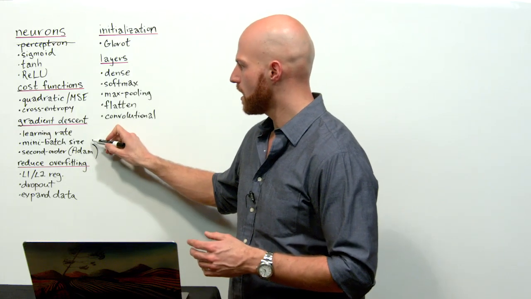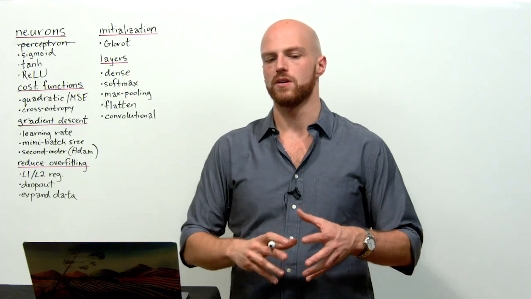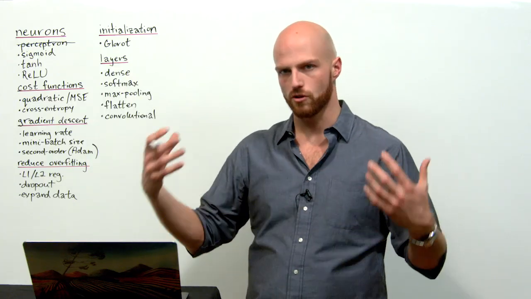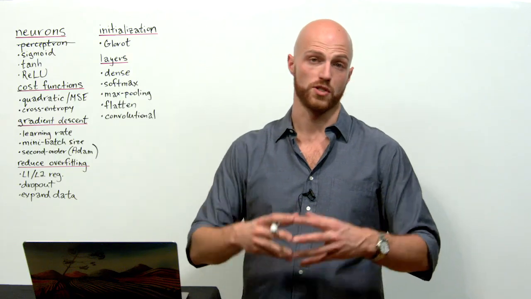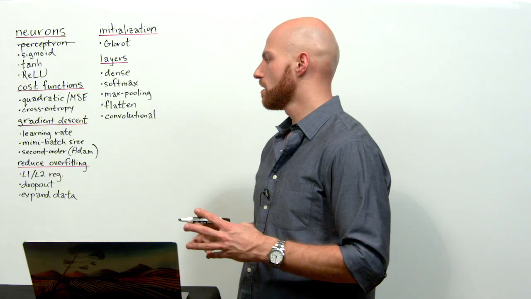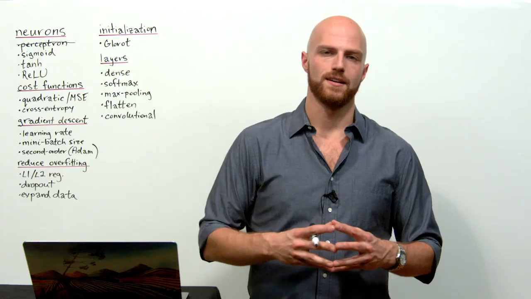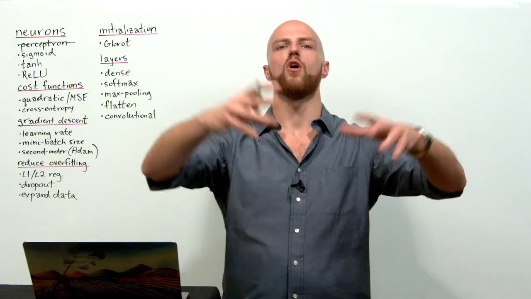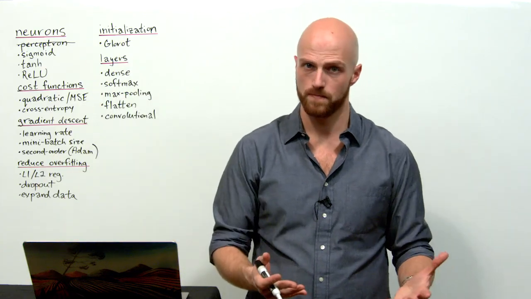The mini batch size is the number of training cases that you consider in each gradient descent update. This is called stochastic gradient descent when we do that. The reason why we do that is that it's often computationally intractable to consider all of our training data at once.